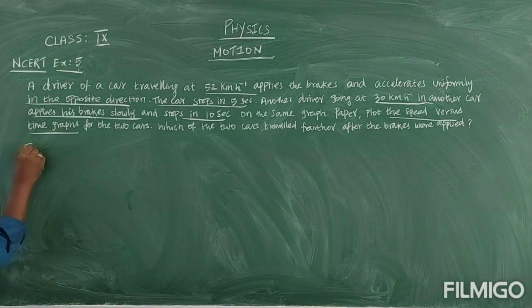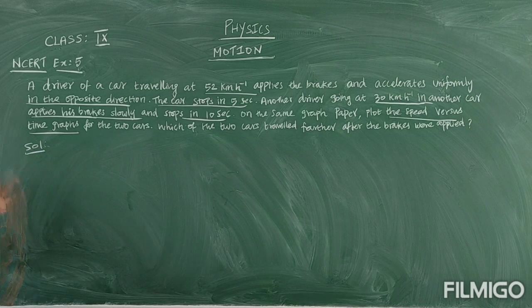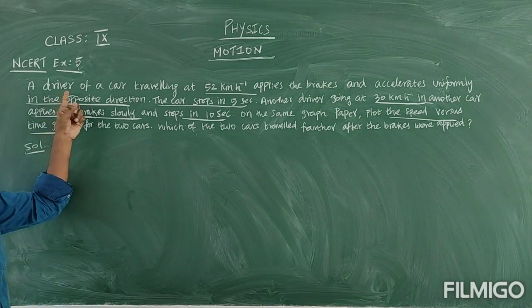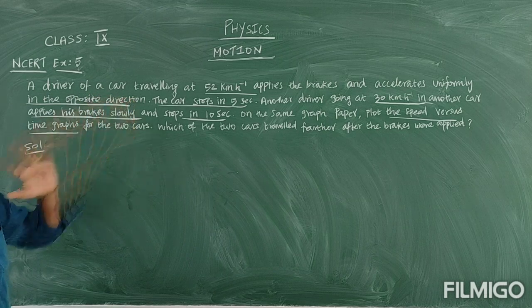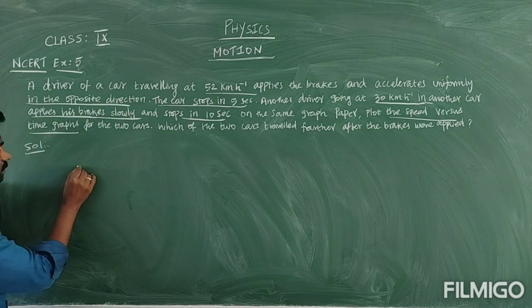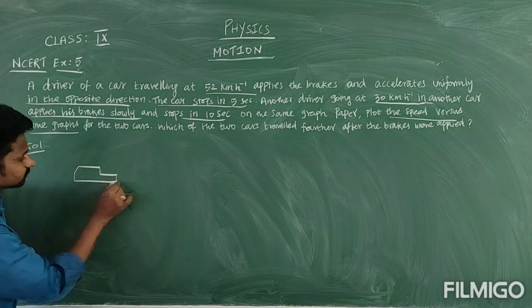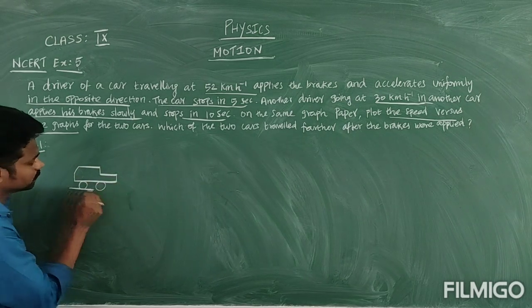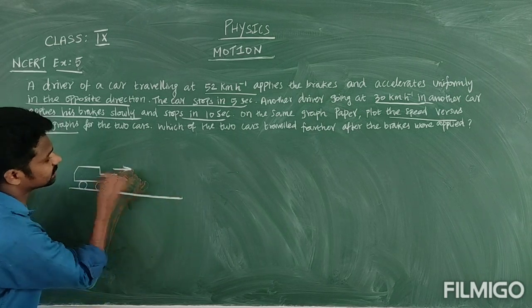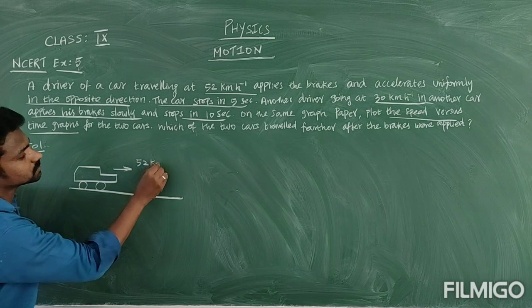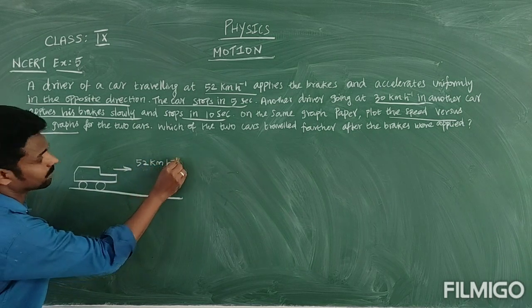Okay, so now see the solution. Actually, what is given in the question? First of all, a driver of a car traveling at 52 km per hour. So this is one car, and its speed is given, that is 52 km per hour.